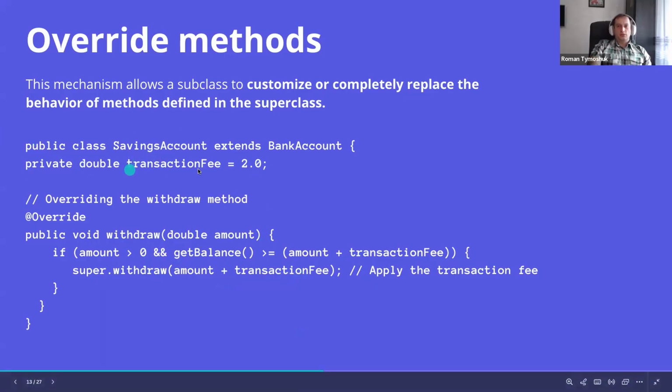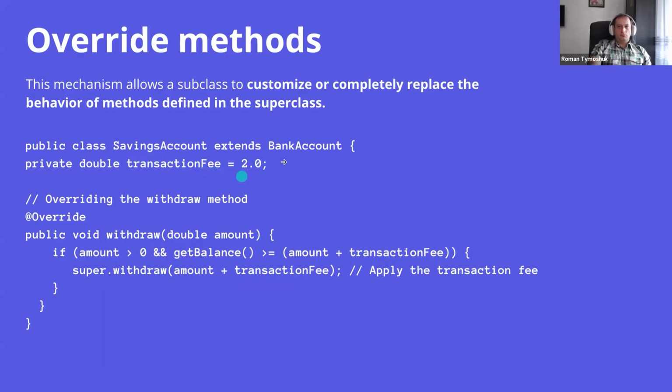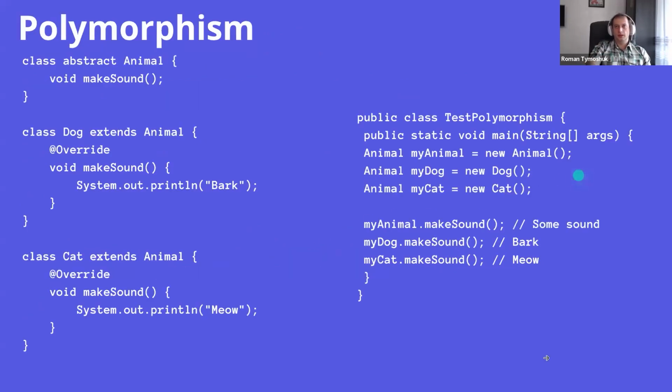We have some kind of transaction fees for the savings accounts, which should be charged additionally when we are withdrawing. And we are changing a bit the flow of how the withdrawal method works, and also reusing the method of the superclass. Is it clear for you? I think yes. Let's move to the next one then.